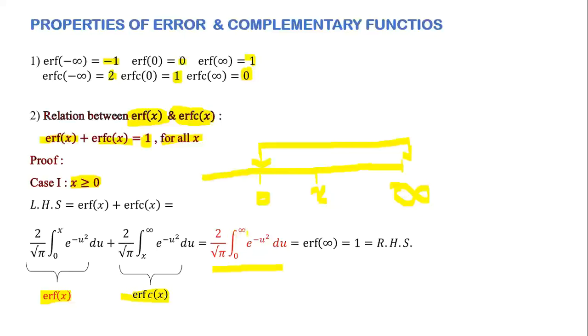And if you see the definition of error function, this is actually your error function, only where the value of x is infinity. Therefore, this can be written as error function of infinity, and the error function of infinity, from the first property, is 1. Therefore, LHS is equal to RHS in this first case.